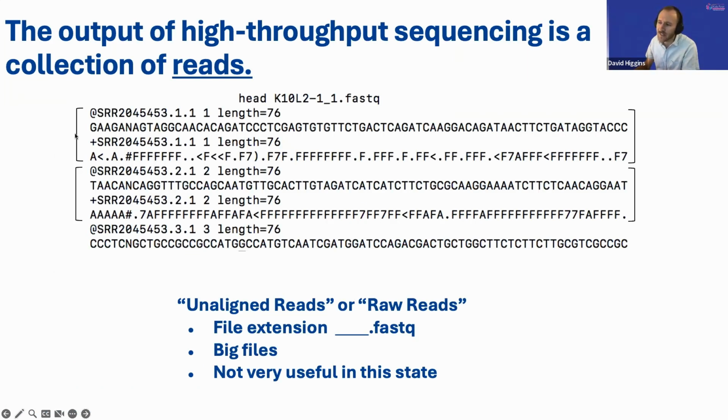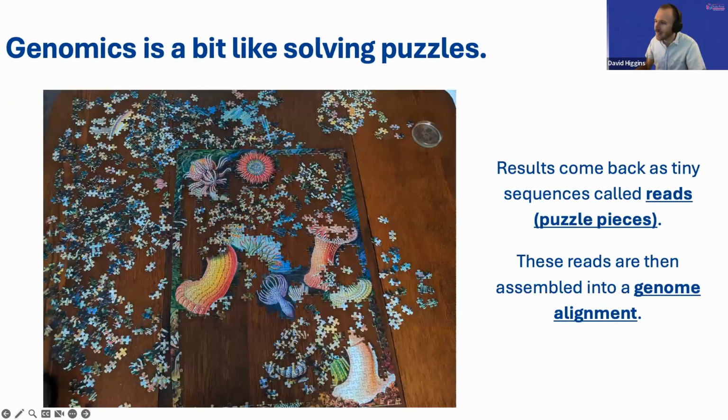So likewise, the reads in the file, there's no kind of organizational information about them at this point. We don't know if this read and this read are anywhere near each other. And so the analogy I like to share is that it's a bit like solving a puzzle. So when we get our reads right off the sequencer, you can see that the reads are a bit like these puzzle pieces.